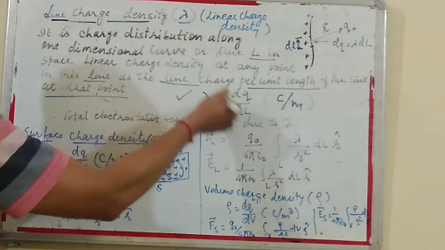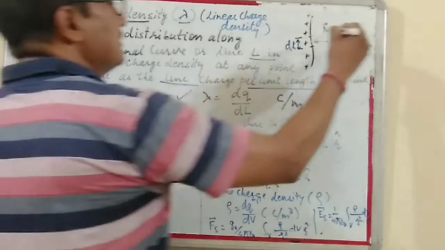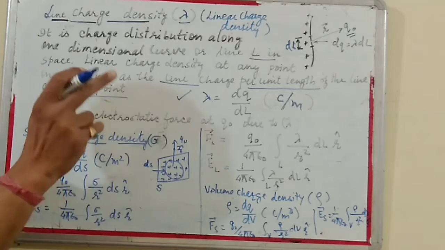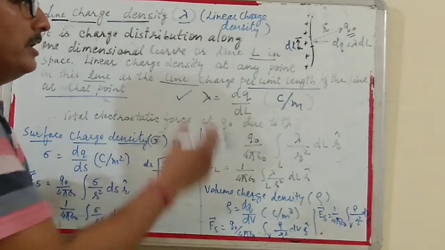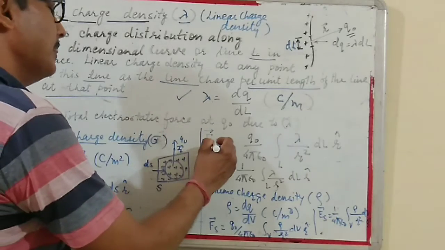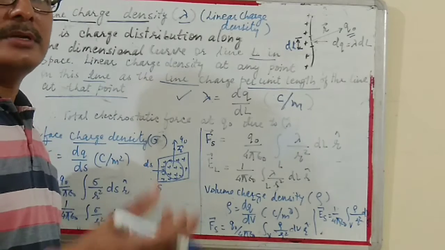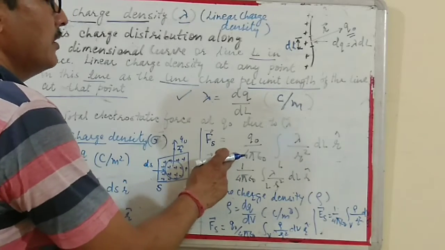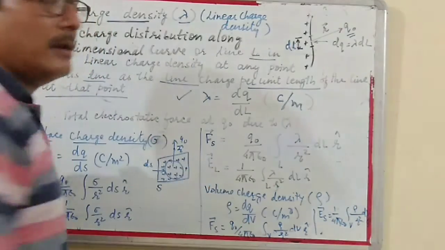Due to this linear charge density, suppose a point charge q naught is placed at distance r. The electrostatic force experienced by that point charge can be given by Fs. We know the force due to a point charge is given by Coulomb's force: q naught upon 4 pi epsilon naught, lambda by r square dl r cap.